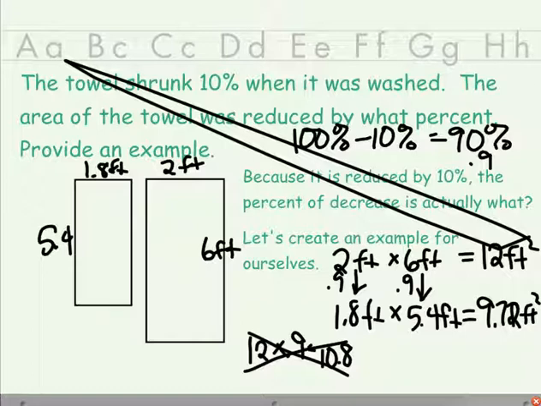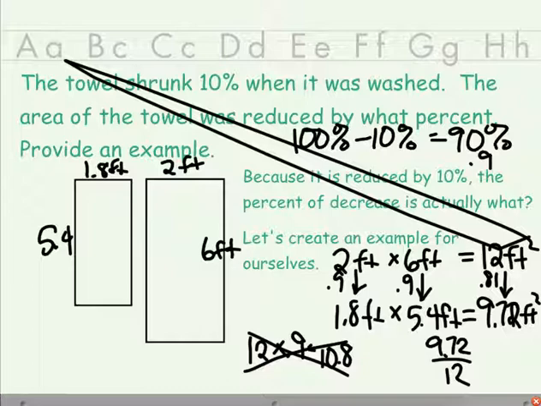I'm going to take my new 9.72 and divide it by my old 12. 9.72 divided by 12 gives me 0.81, meaning we have a scale factor of 0.81 between the areas. How can that be?